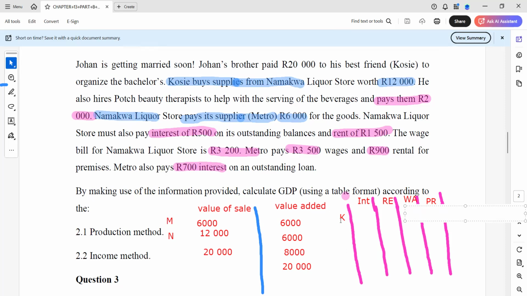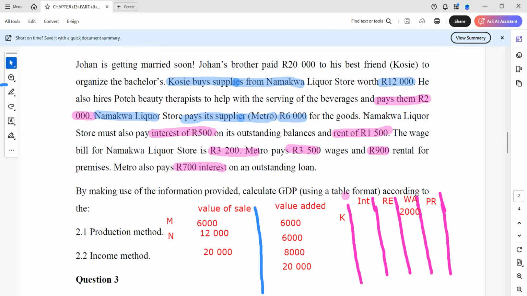By Kosi, right? K for Kosi. So I'm gonna record it here. That's 2,000. I hope it fits. It doesn't fit. This 2,000, yeah, it's by Kosi.